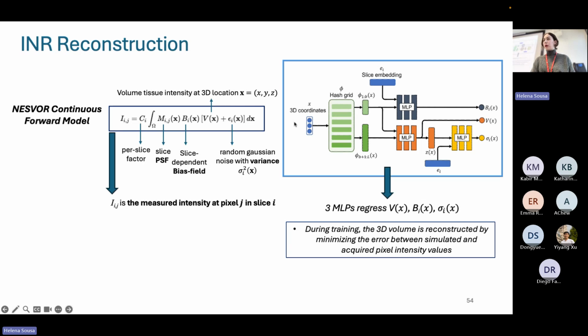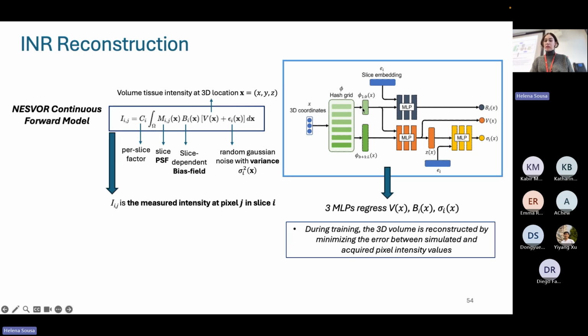The overall pipeline starts by first sampling these 3D coordinates that go through this hash grid encoding, which I won't go into much detail about, but is necessary.